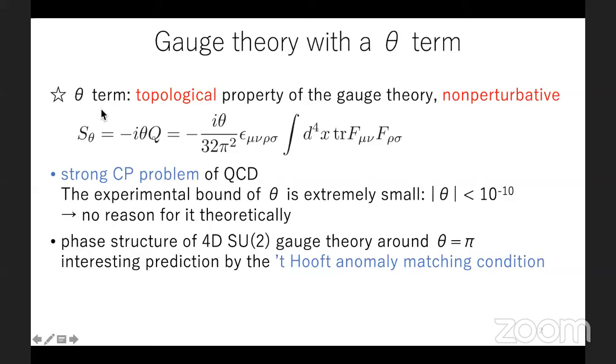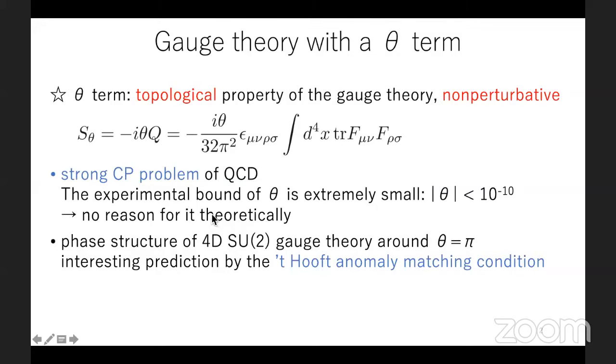The theta term is actually interesting in the well-known strong CP problem of QCD. The strong CP problem is that, in fact, we can include this theta term in the actual QCD of the standard model. However, the experimental bound of this parameter theta is extremely small, like this, 10 to the minus 10.